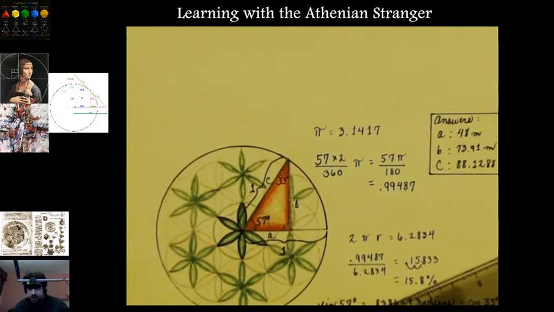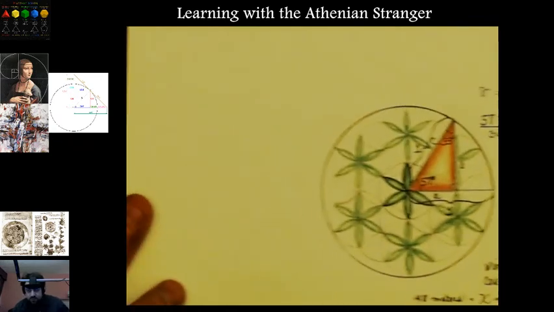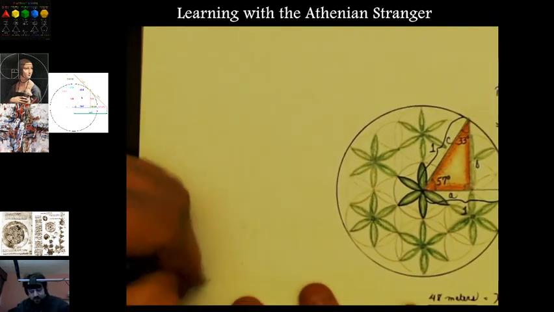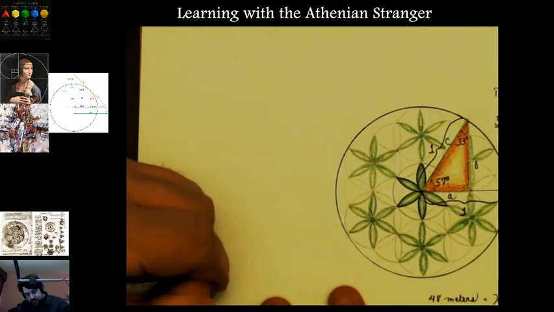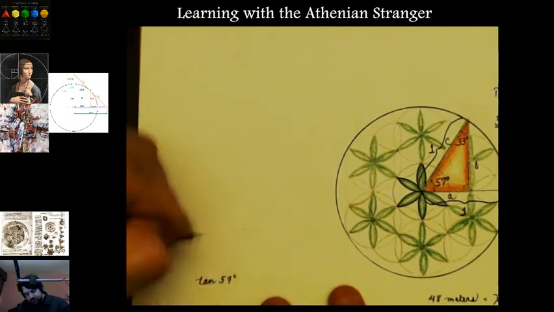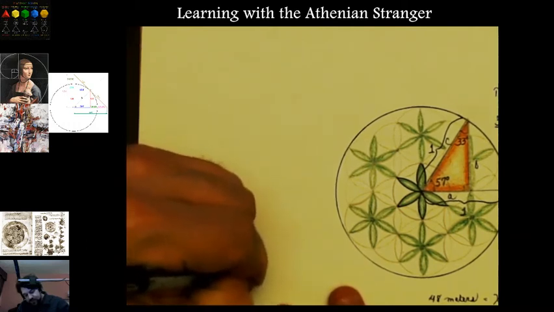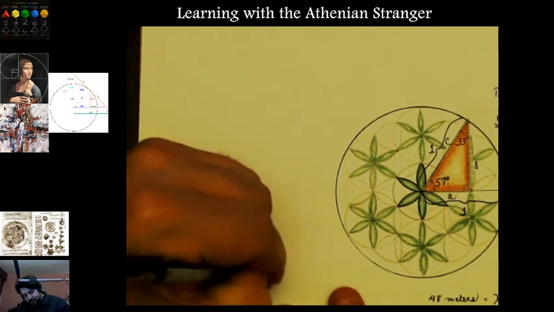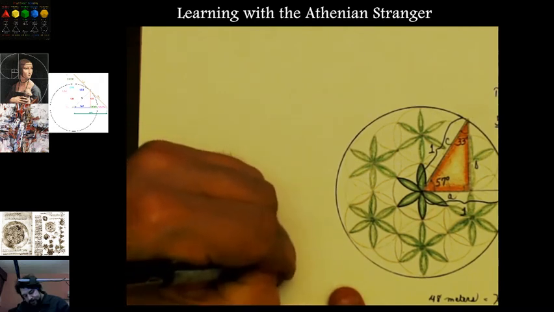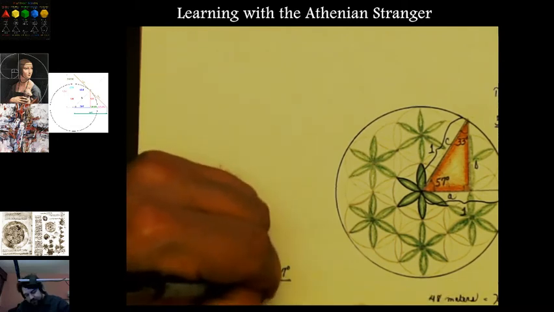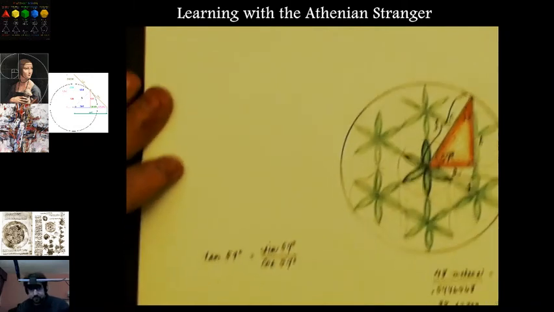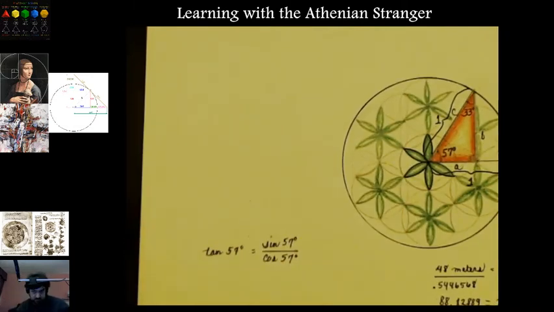All right, for fun, just because we're bored, let's remind ourselves that the tangent of 57 degrees is equal to the sine of 57 degrees divided by the cosine of 57 degrees. Okay?